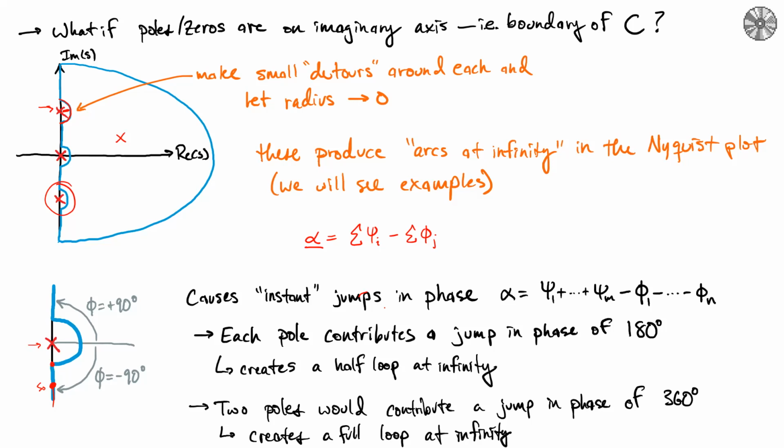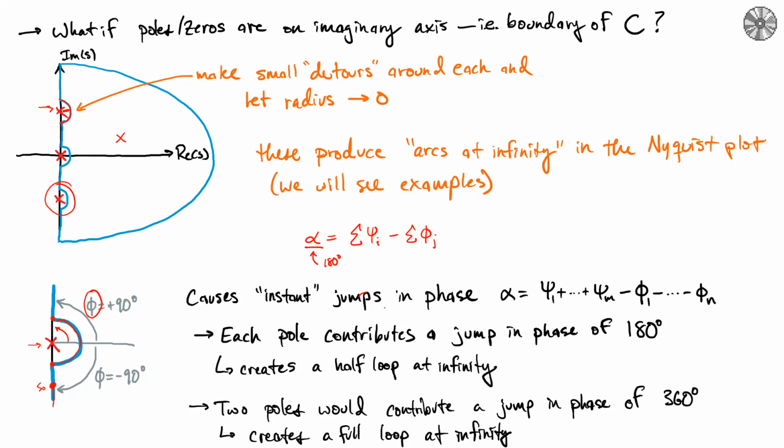Then, because this arc is infinitely small, the next test point is going to be right here, and that is going to have an angle of plus 90. So this phi angle has immediately jumped from minus 90 up to plus 90, which is demonstrated by a change in alpha of 180 degrees. So it causes this instant jump in phase.